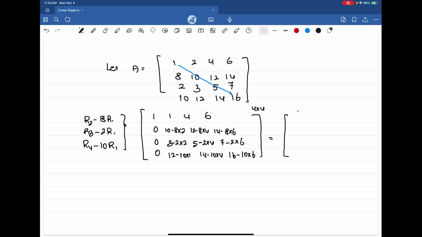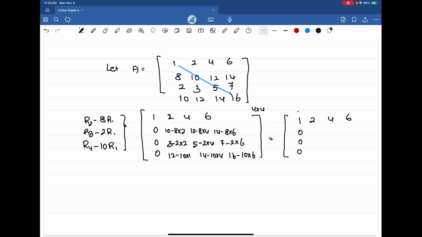What will be the result? 1, here it is 2, sorry. 2, 4, 6. And here it is 0, 0, 0. 10 minus 16 is minus 6. 3 minus 4 is minus 1. Sorry, 10 into 2 here it is, minus 8.